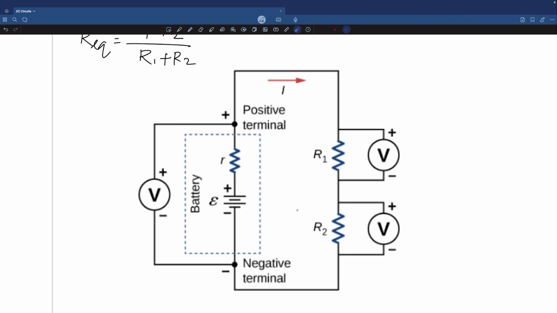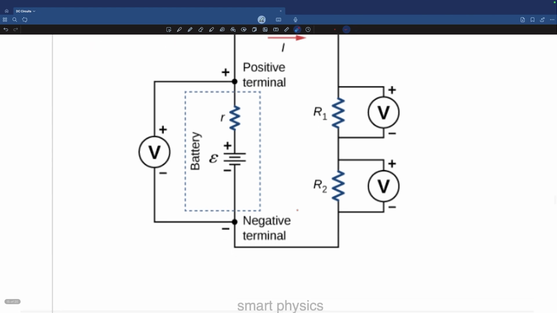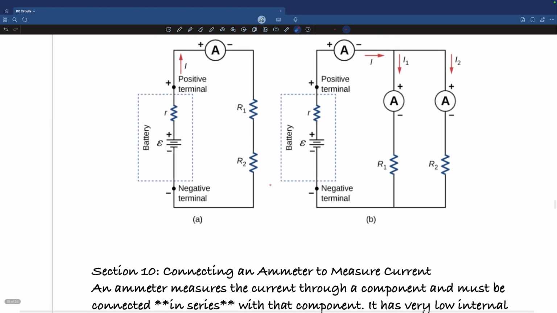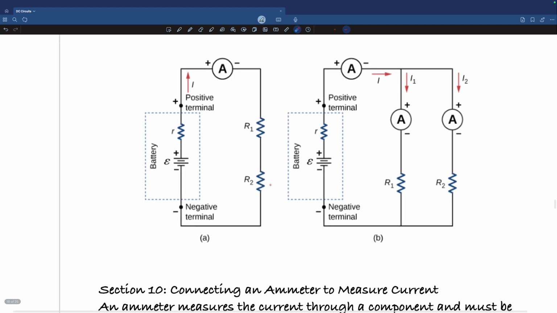And if you do that for some time, then you destroy the voltmeter. So voltmeters are always connected in parallel. They have very high internal resistance, and their polarity, meaning the positive and negative, should be lined up with the positive and negative of the source.